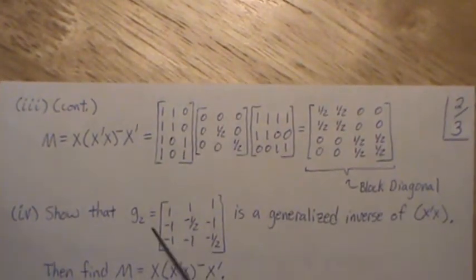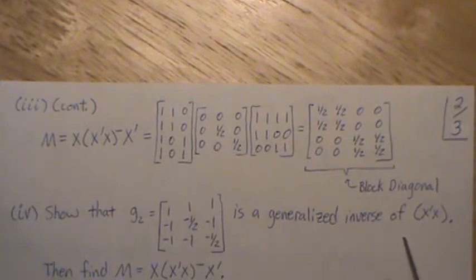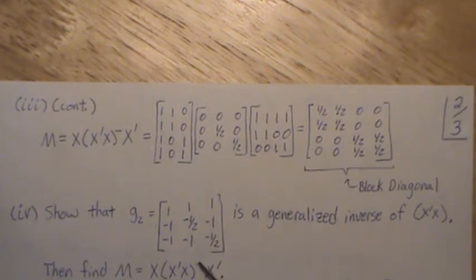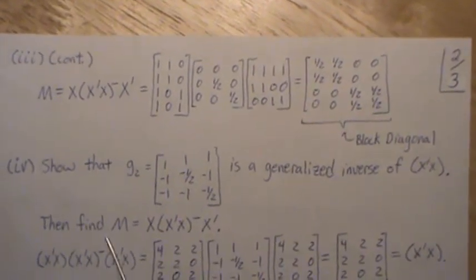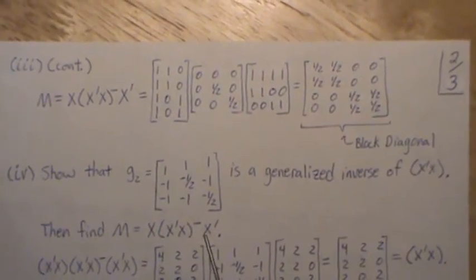Now let's show that G2 is a generalized inverse for X transpose X. Generalized inverses are not unique. If there's one, there's usually a million, or infinite. And then we want to find the perpendicular projection matrix.